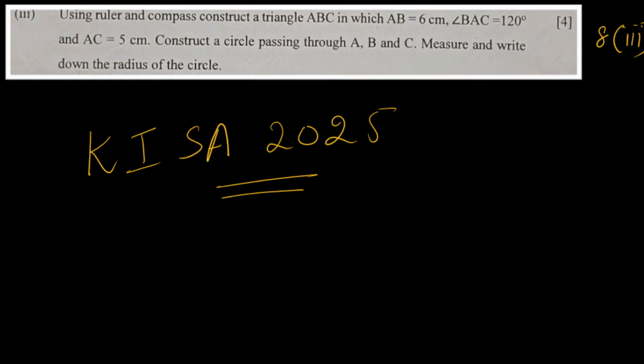I'm just going to start the next question, question number 9. Using componendo and dividendo solve for x. See, again you can see that this is a question of ratio and proportion.